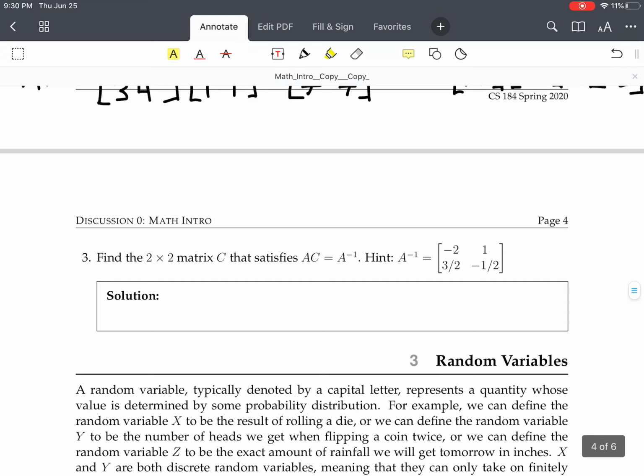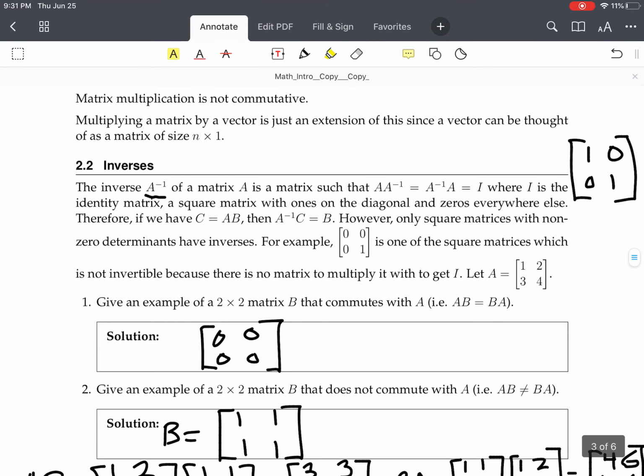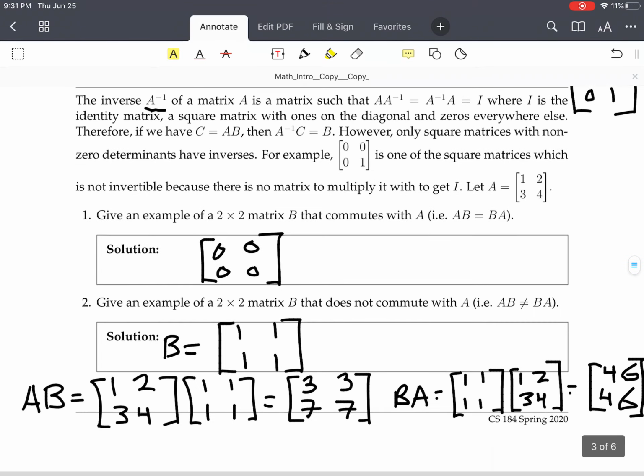So the 2 by 2 matrix C. Now we want to find the 2 by 2 matrix C that satisfies A times C is equal to the inverse of A. And so thankfully we've been given the inverse of A here, so we don't have to worry about computing it. So, well, let's look at this problem, right? It reminds me of something we talked about right here, where we have C equals AB, multiply both sides by the inverse.